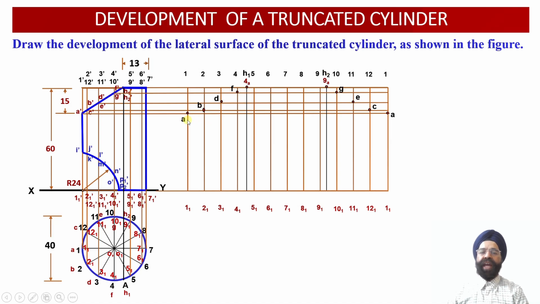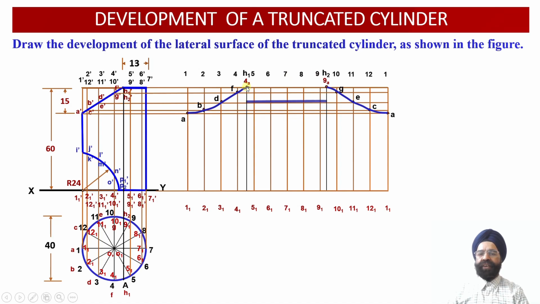So all the 9 points have been appropriately obtained in the developed surface of this truncated cylinder over here. So we can join all of these points, and now we can see this portion of the cylinder has not been cut by this AIP. That is 5 dash, 9 dash, 6 dash, 8 dash and 7 dash. We can see 5, 6, 7, 8, 9.